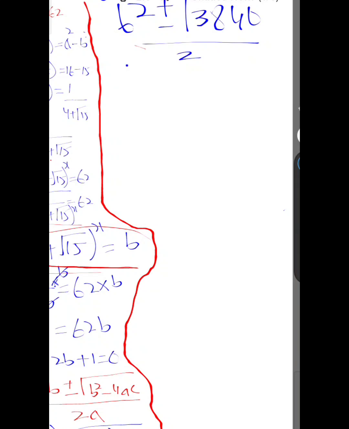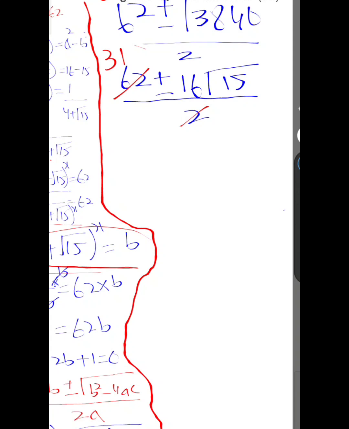So writing here 62 plus minus 16 times square root of 3 times 5, or 15, over 2. Now dividing by 2, it will be 31, and 16 over 2 will be 8.